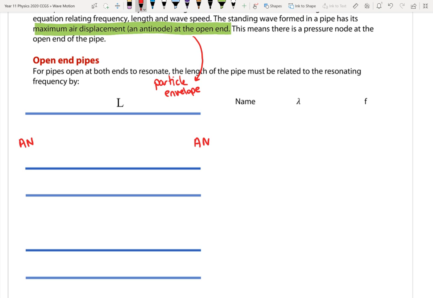What we then need to have is a node in the middle. So you need to sketch half of a wavelength. Now, just like the string, I'd like you to draw a dashed line on the other side, and that dashed line will sort of tell you the range of the displacements.